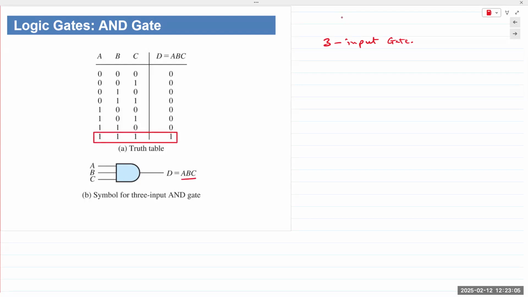D is referred to as A and B and C. If you have 4 inputs, A and B and C and D, 5 inputs, and E and F, and so forth. But the resulting truth table is simply that the output is high only when all inputs are high. So it doesn't matter how many inputs you have.